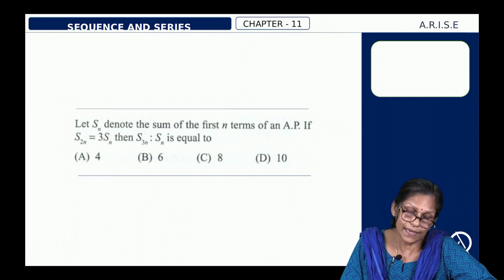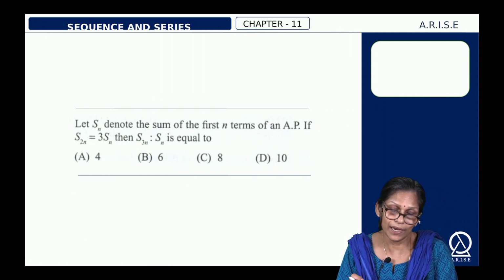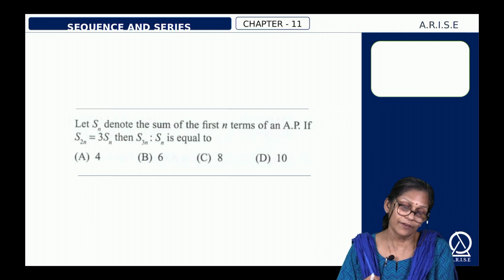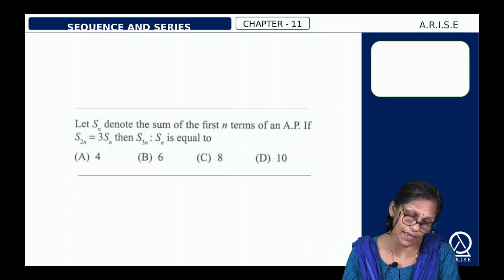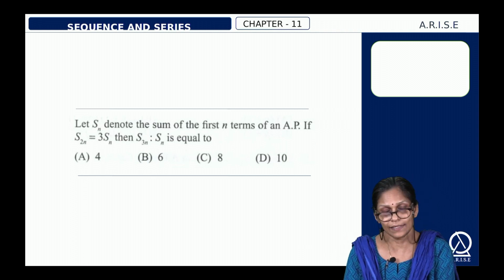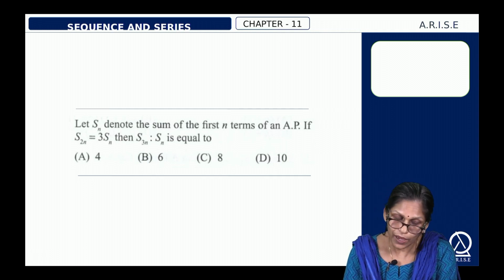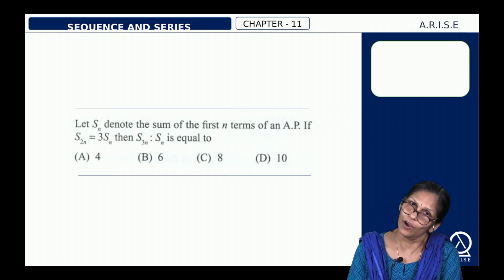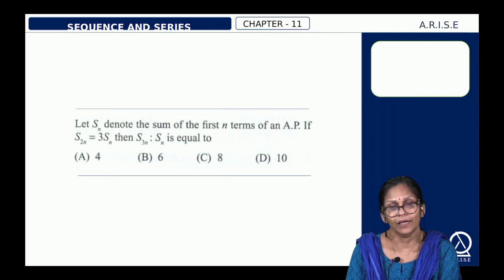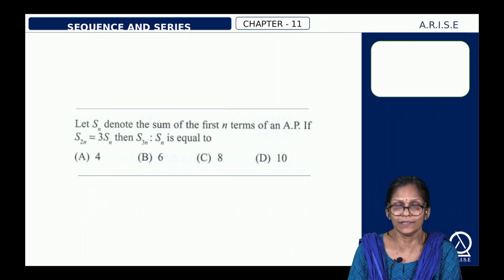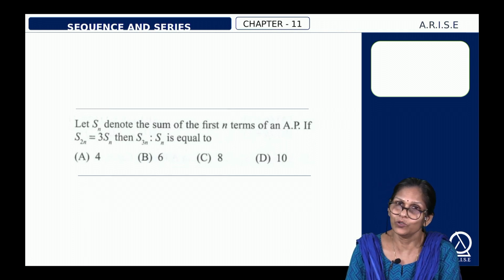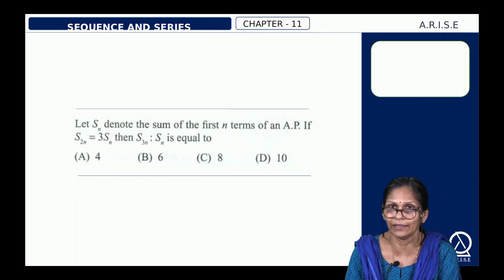Now let Sn denote the sum to n terms of an AP, and if S2n is 3 times Sn, then what is S3n is to Sn. Look at it, options are given to you. The direct way would be to apply the formula for Sn as n by 2 into 2a plus n minus 1 into d, and S2n as 2n by 2 into 2a plus 2n minus 1 into d, and so on, and then find this.